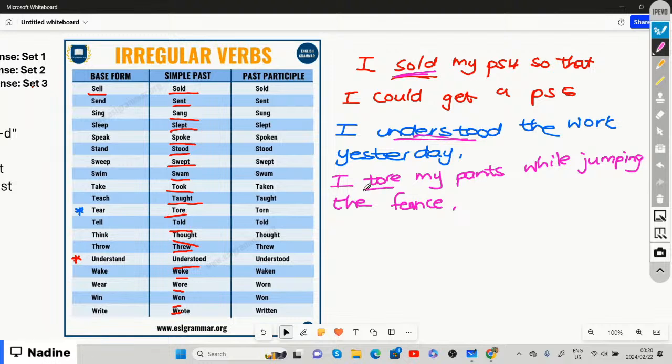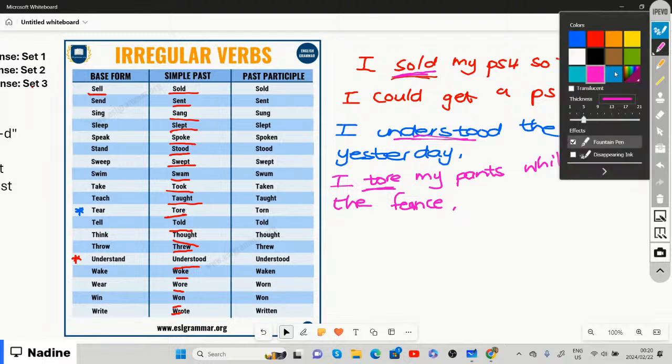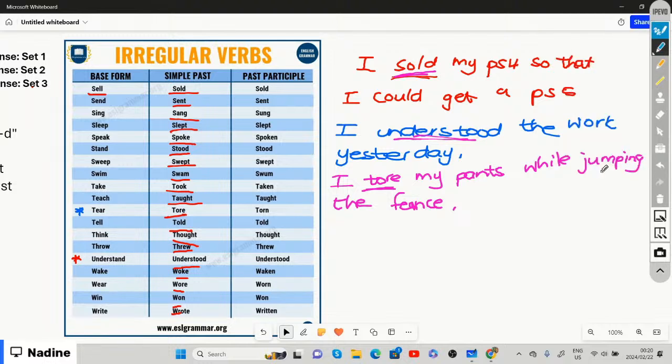So tore, right? And then one more we can maybe say is, I swam in the hot pool. So swam is our irregular past tense.